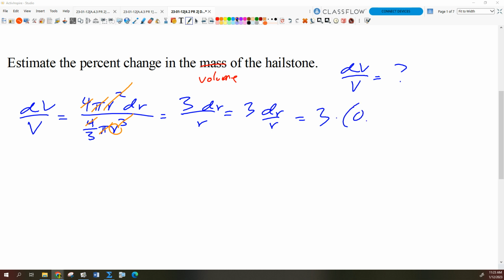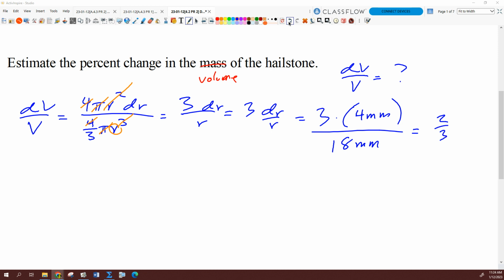Was it? Yeah, it was 4, not 0.4. Over 18. And you get 12 over 18, which is, what did we get here? 2/3? Did I do that right? Yeah.